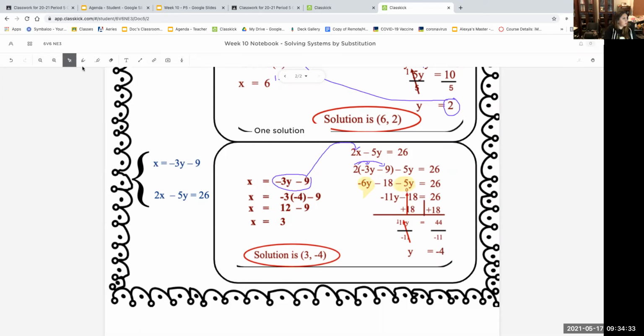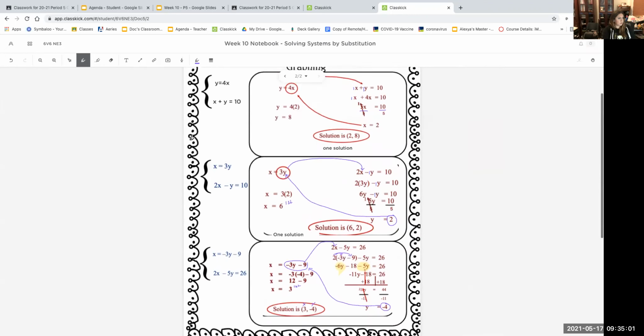And then we took that negative 4 and we went wee and we plugged it in. Remember, this goes first. This is your x and this is your y. There you go. That's your second page.